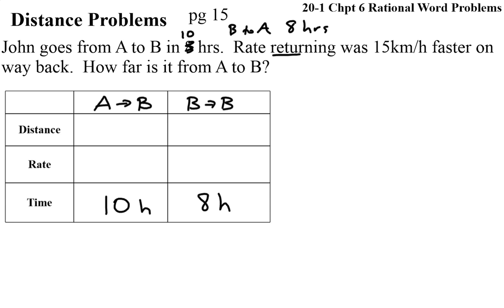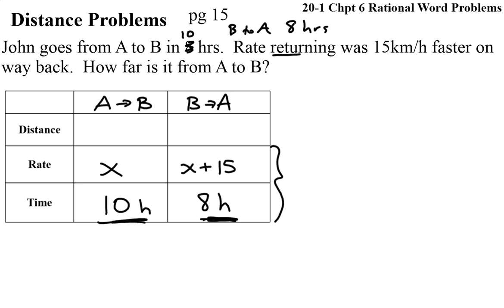It also says the rate returning was faster when he was coming back. So coming back, B to A, not B to B, but B to A, was faster. So x plus 15 kilometers per hour. That makes sense. Coming back took less time than going because he was going faster. So there's our x.